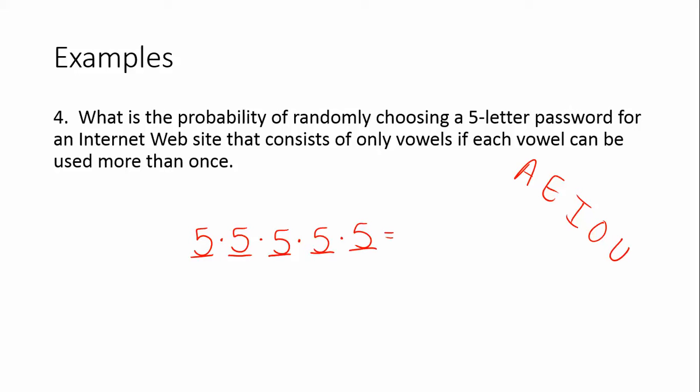So 5 times 5 is 25, times 5 again is 125, times the 4th 5 is 625, and times the 5th 5 is 3,125. So there are 3,125 different passwords that can be made using A, E, I, O, and U in a 5-lettered password.